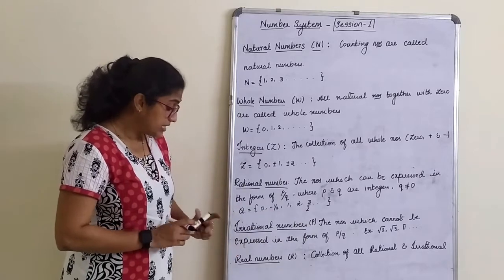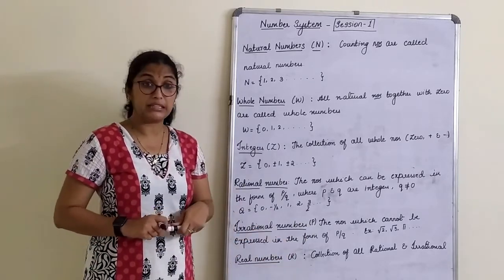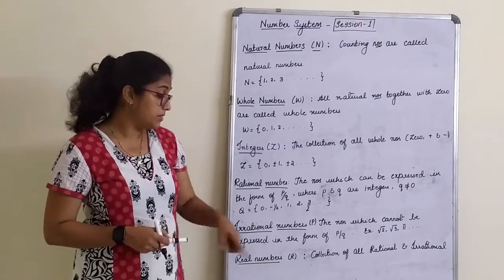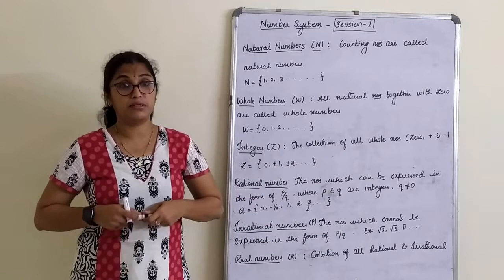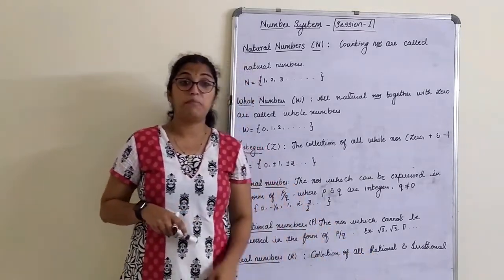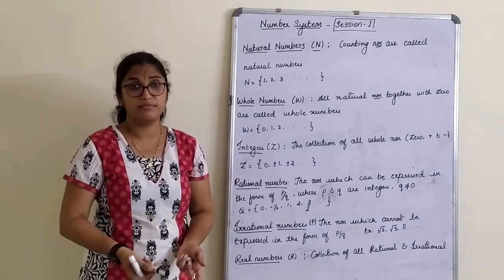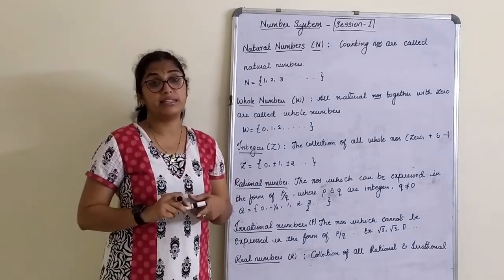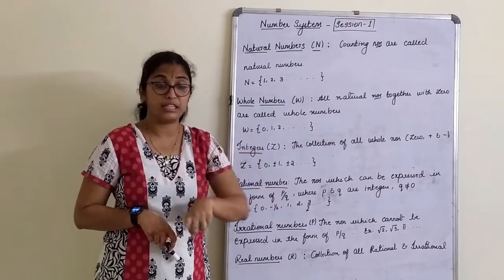Last, real numbers, denoted by capital letter R. What are real numbers? The collection of all rational and irrational numbers is called real numbers. Rational numbers include natural numbers, whole numbers, and integers, because integers include 0, plus and minus, everything.